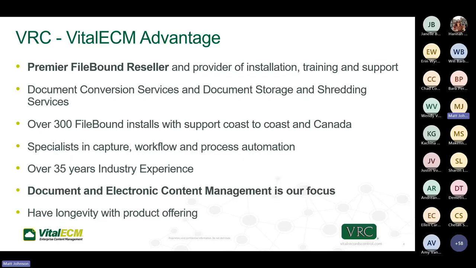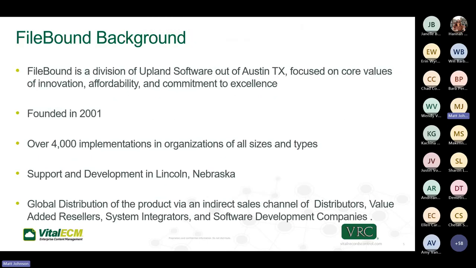We have 300 FileBound installs, customers, throughout the United States, and a good chunk in Canada. Document and content management has been our focus over the years, really since the beginning, so we're definitely experts in that industry. As far as the FileBound software, FileBound is a division of Upland Software, which is based out of Austin, Texas. That's really our core repository for a lot of the documents that we'll show you today. Their support and development is based out of Lincoln, Nebraska.